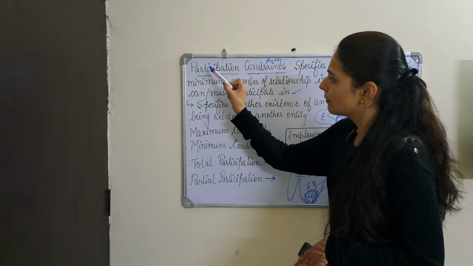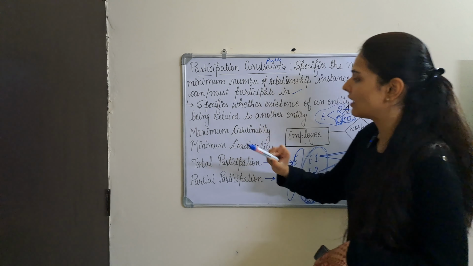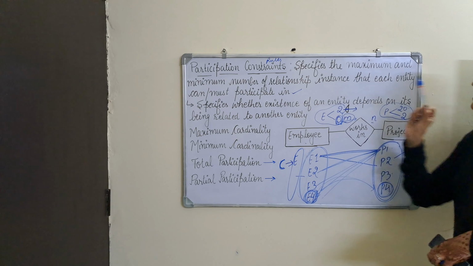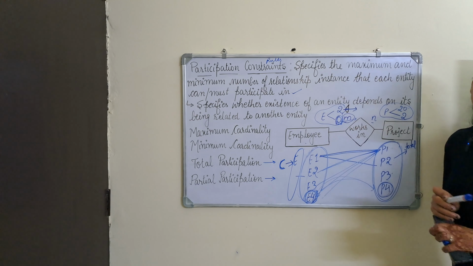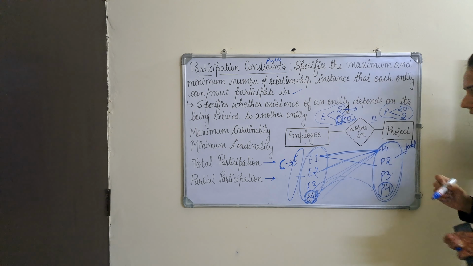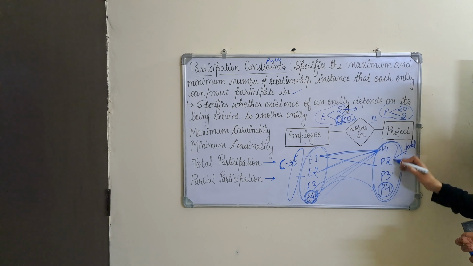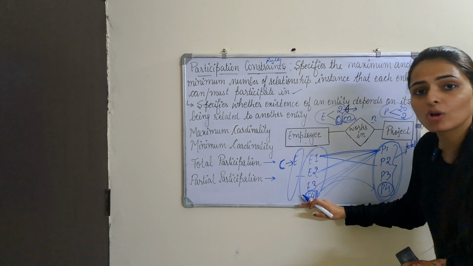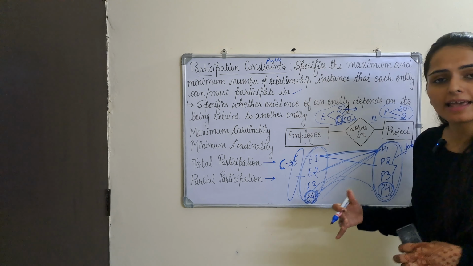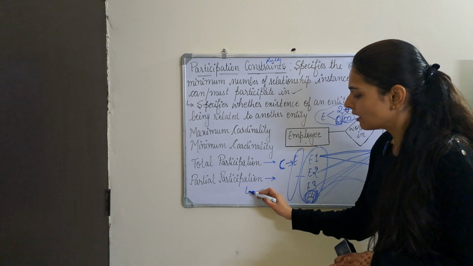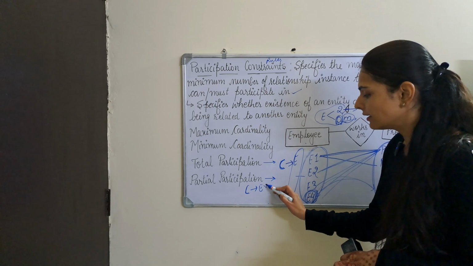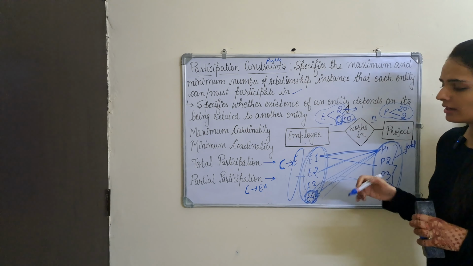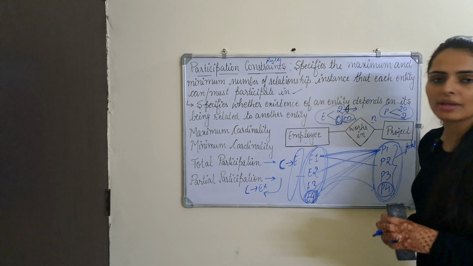It says the participation constraint specifies whether the existence of an entity depends on its being related to another entity, right? So over here we can understand that the existence of any project depends on whether an employee is there in the company or not. Is it ever going to happen that within one company the employees are not there, or all the employees are working on some other project, and still there is a project coming into the company?